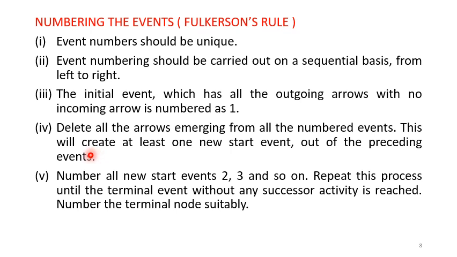It's always better to label activities with alphabets. But when you number the events, let it be numbers 1, 2, 3 sequentially from left to right, or 10, 20, 30, 100, 200, 300, like that. You will understand when we start solving problems and you see the network diagrams.